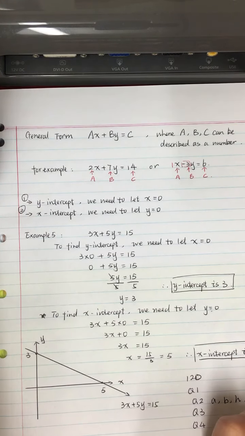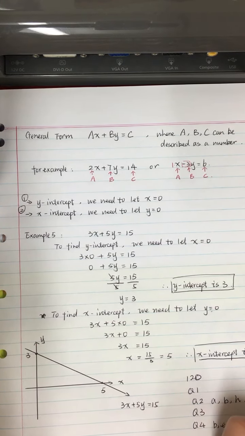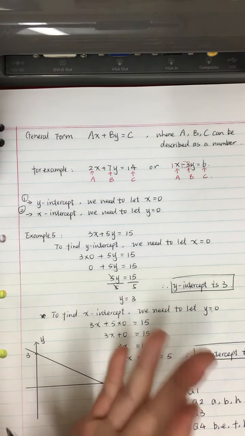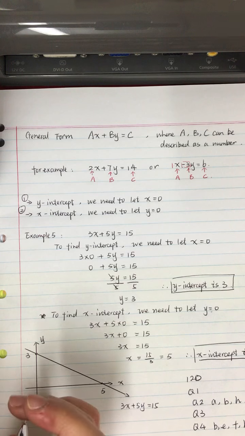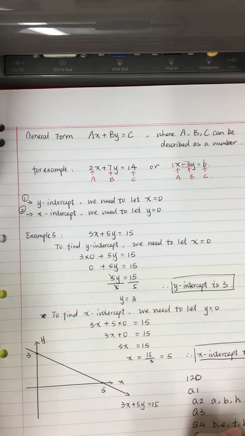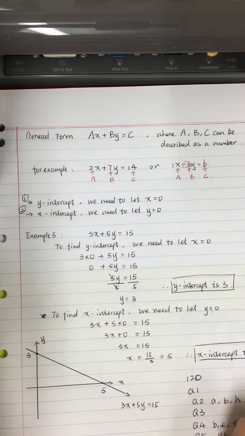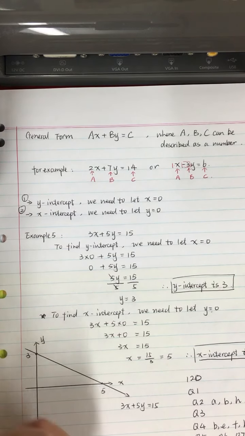Question 4, B, E, F, and H. You can see that general form is actually easier than the gradient-intercept form. And question 5, question 6, and question 7 are the applications of drawing the graph.